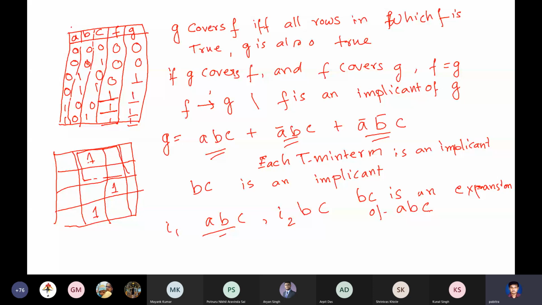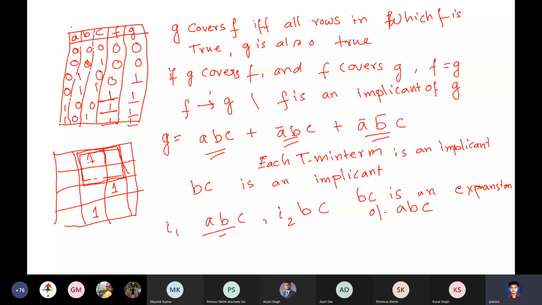Because you see, the number of entries in the truth table for which BC is true is more than the number of entries in the truth table in which ABC is true. So if you draw a Karnaugh map, the cube corresponding to the BC minterm is a superset of the cube corresponding to the ABC minterm.